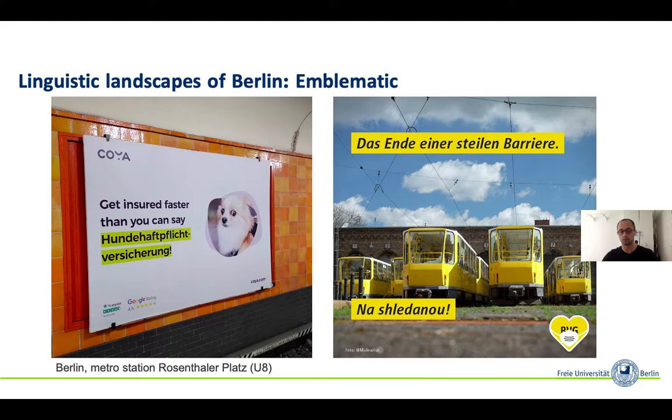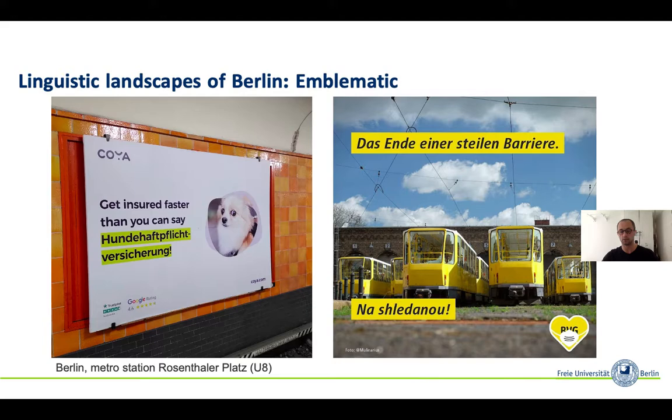And then in the other picture, we can see a sort of German-Czech multilingual sign by the BVG when they ceased to use the old Tatra trams, and then they've written in German that they're not going to use them anymore, and then used sort of goodbye written in Czech, right?